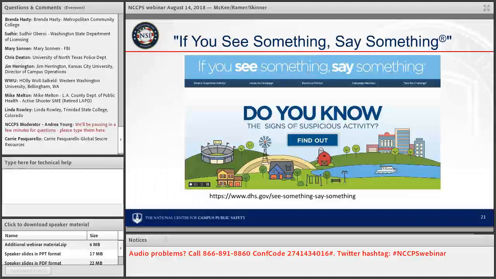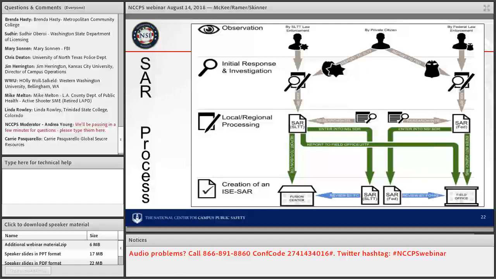You may have posters there with the See Something, Say Something logo on it, encouraging really the general public to report any suspicious activity. Routinely, those posters will have a phone number on there, a method by which to report that information. And so this is really a public-facing campaign that gets the message out about suspicious activity reporting.